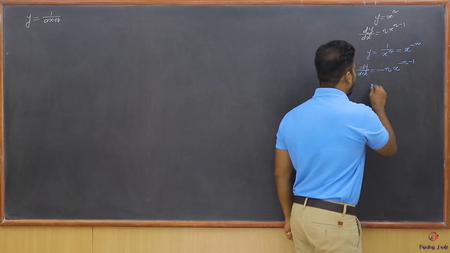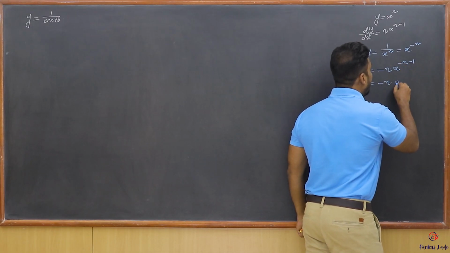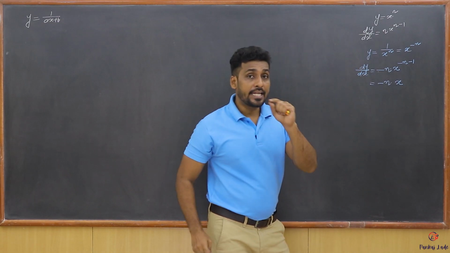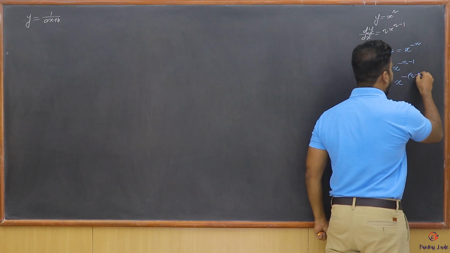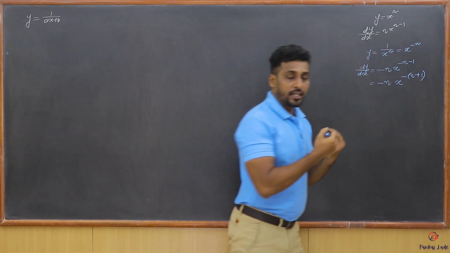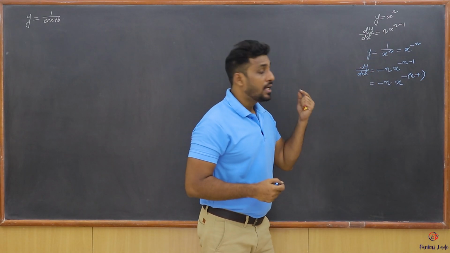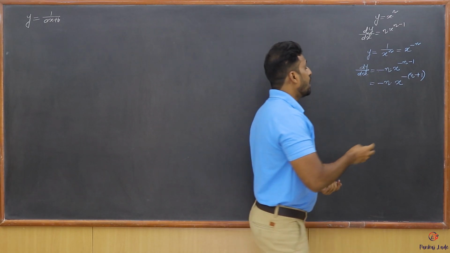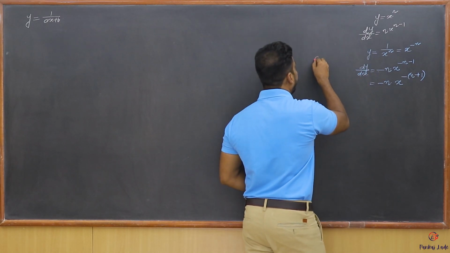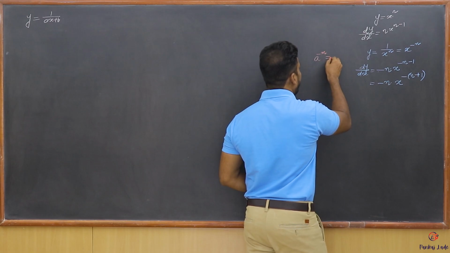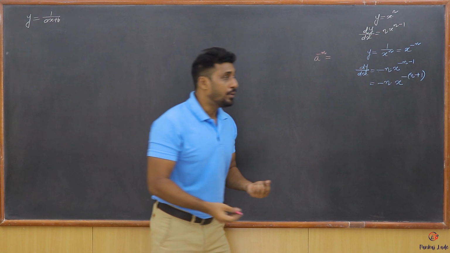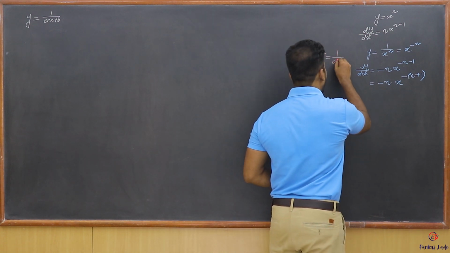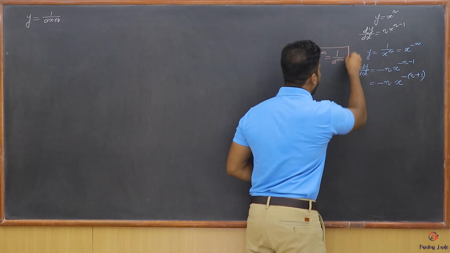Now students, observe this carefully again. Minus n x raised to, can I bring the negative sign common? I can bring the negative sign common here, so I get minus of n plus 1. Now students, tell me, what is a raised to minus m? Using the law of indices, a raised to minus m will simply become 1 upon a raised to m, isn't it?